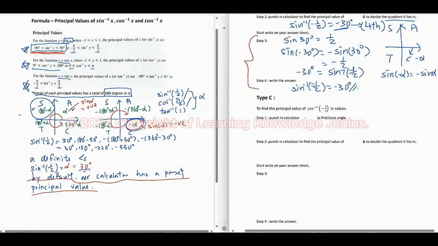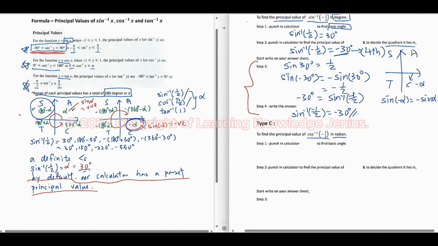So okay, type C will be, for example, this one, where they ask you to find in radian mode. So just a slightly extra step, I will say. Step 1, similar to the previous question, we find the basic angle first. But bear in mind, although the question is asking for radian mode, you will have your calculator in the degree mode first.